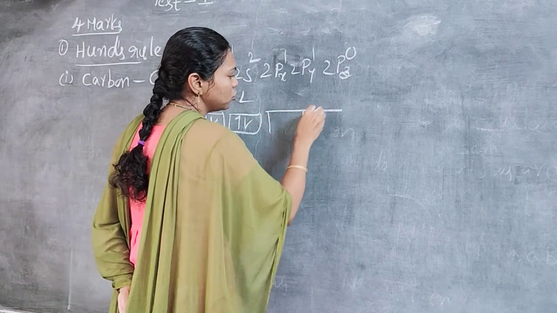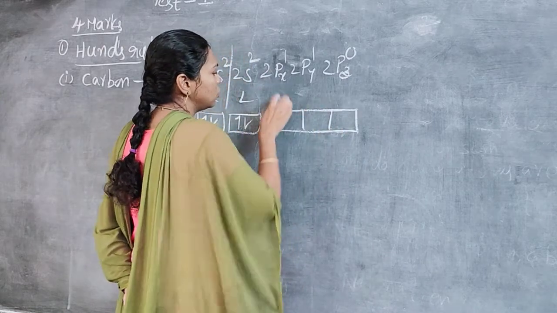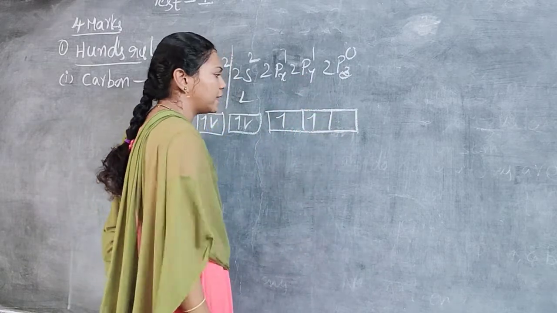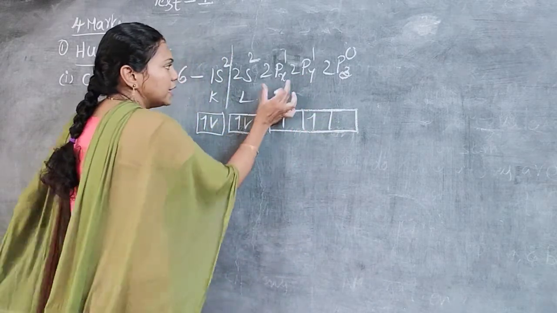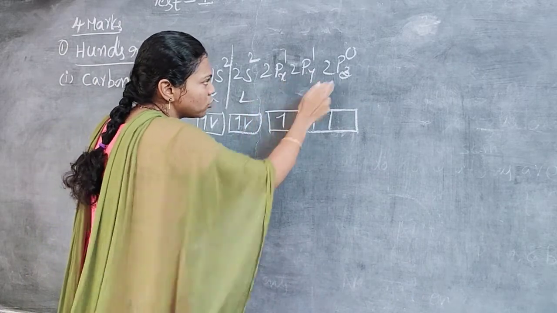In the p subshell there are 3 suborbitals, that is 2px, 2py, 2pz.